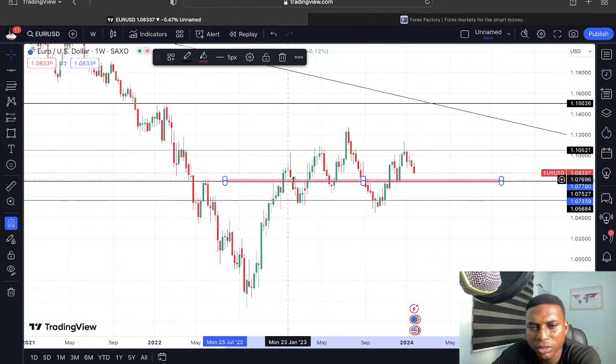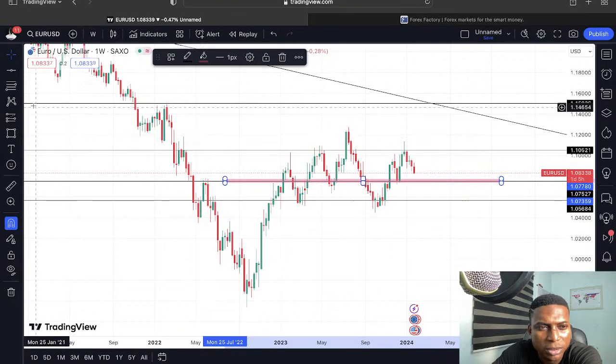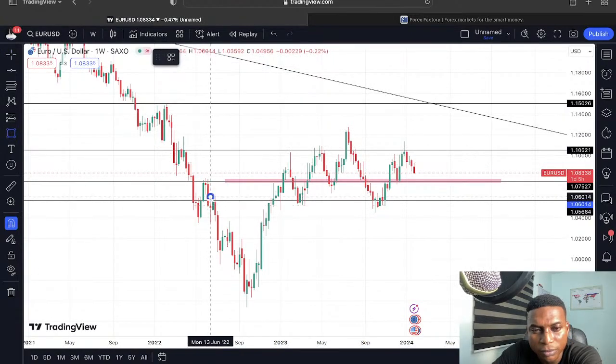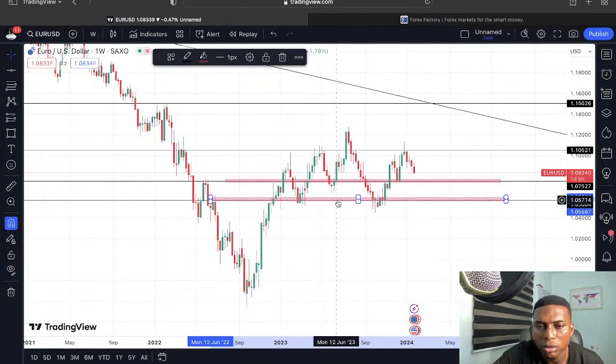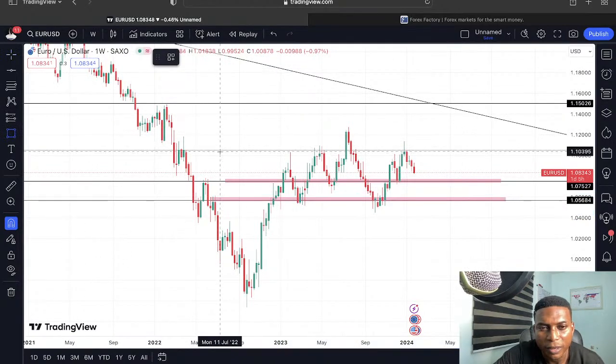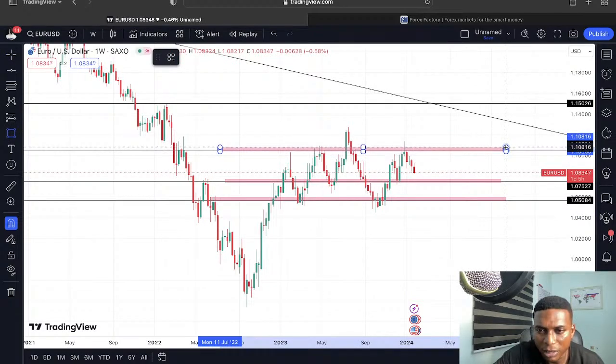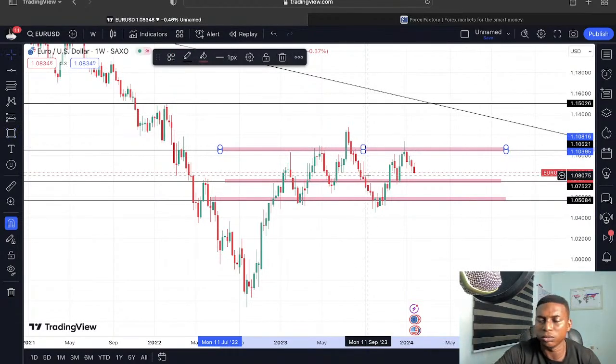We can see that this level is a support zone, a strong support zone. This level as well is another strong support zone, and this level here is another strong resistance zone.